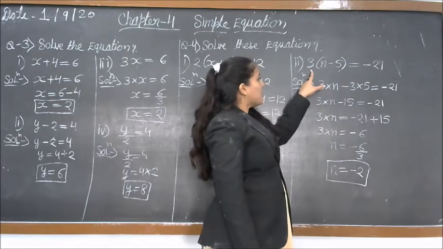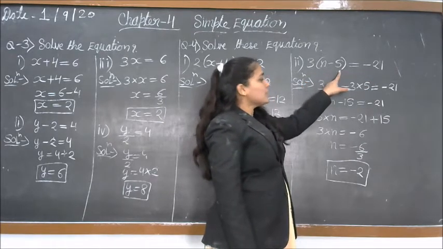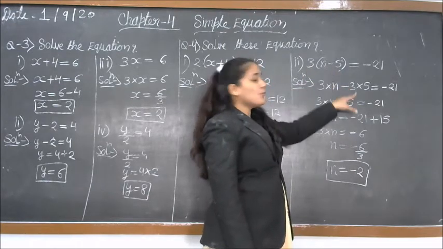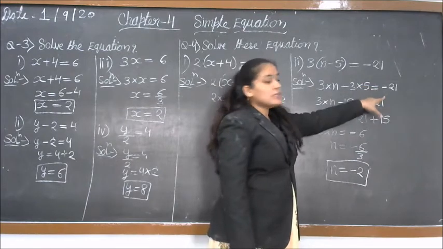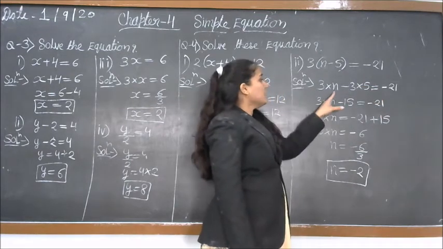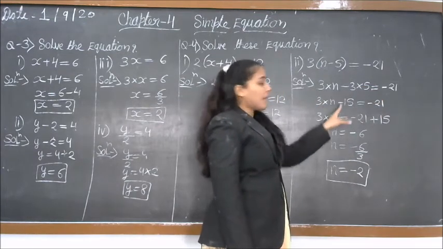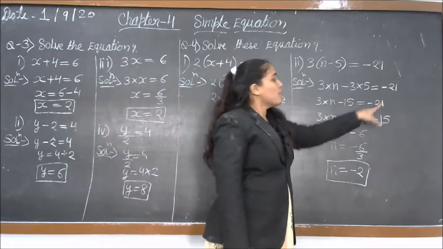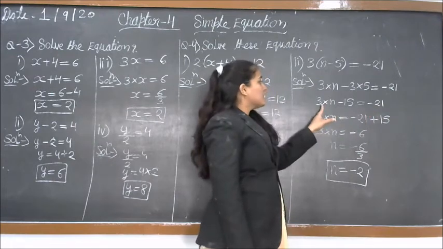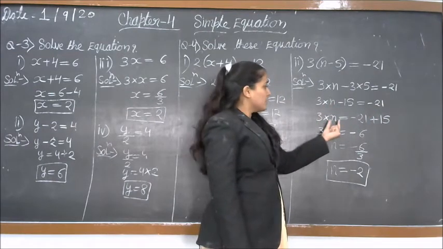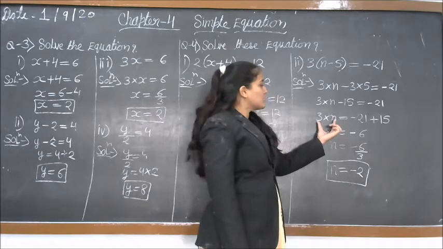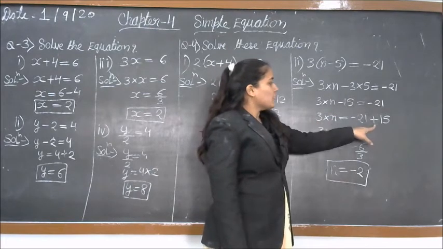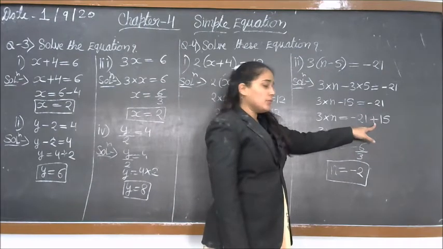We have to multiply this 3 with n and with 5. 3 into n minus 3 into 5 equal to minus 21. 3 into n as it is, minus as it is, 3 into 5, 15 equal to minus 21. This is the combination of variable and constant, we put it as it is, minus 15. Now it becomes addition, plus 15.